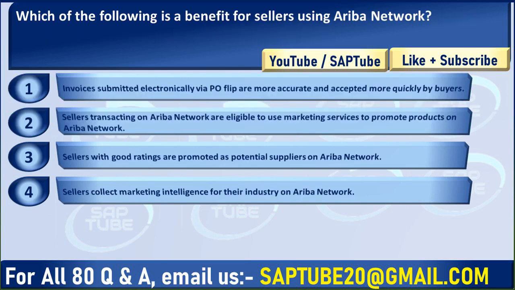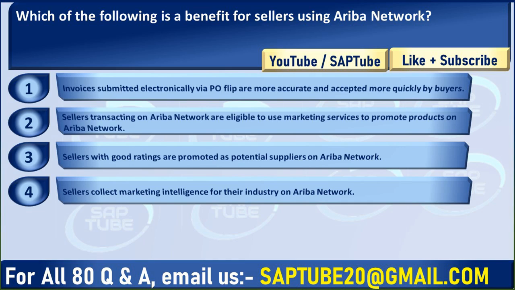Next question is: which of the following is a benefit for sellers using Ariba Network? Options are: invoices submitted electronically via PO Flip are more accurate and accepted more quickly by buyers. Sellers transacting on Ariba Network are eligible to use marketing services to promote products on Ariba Network.